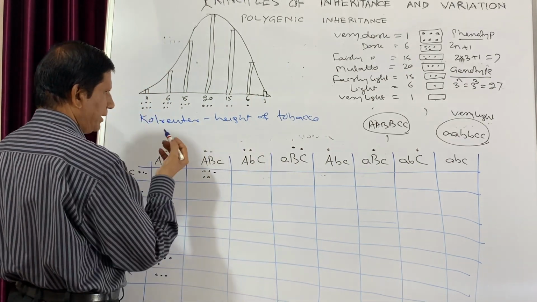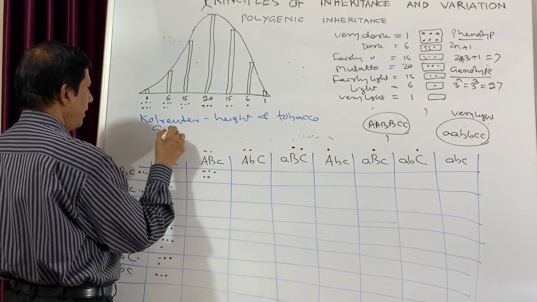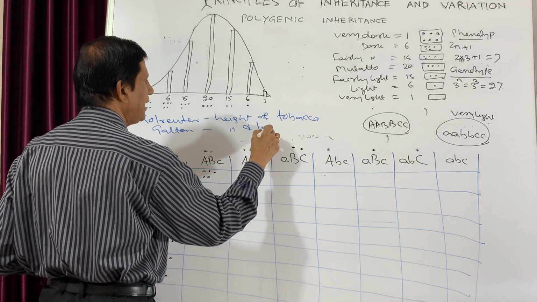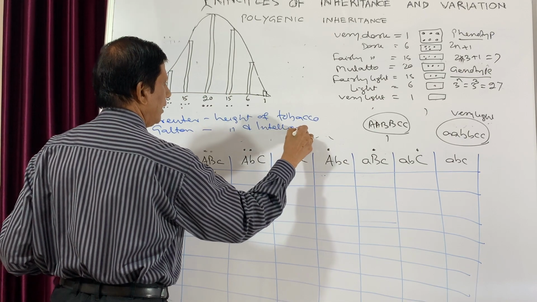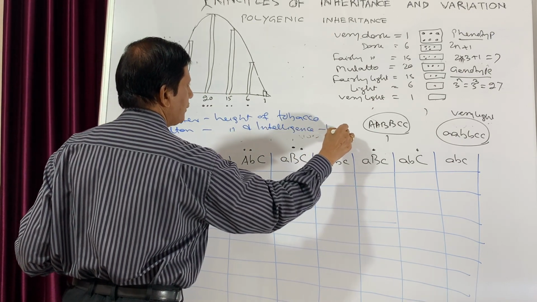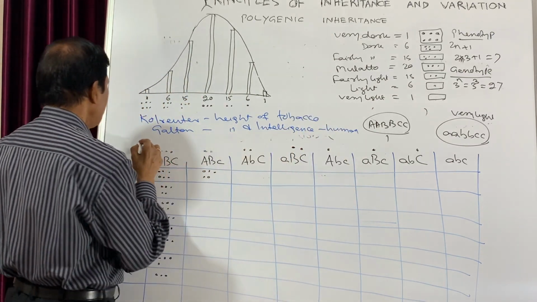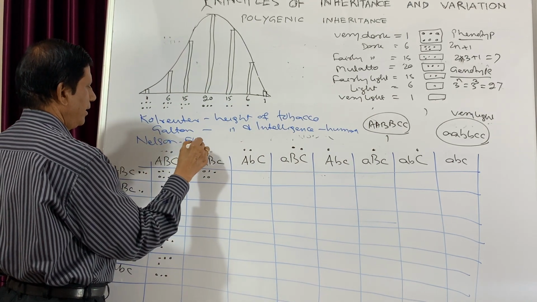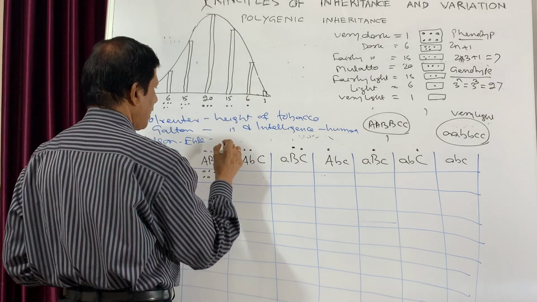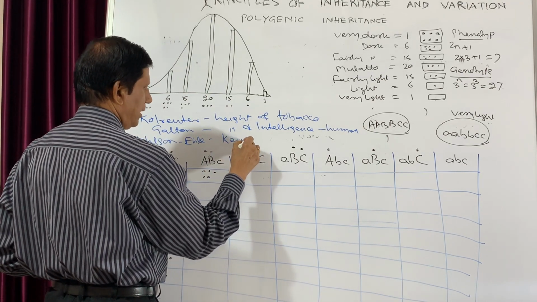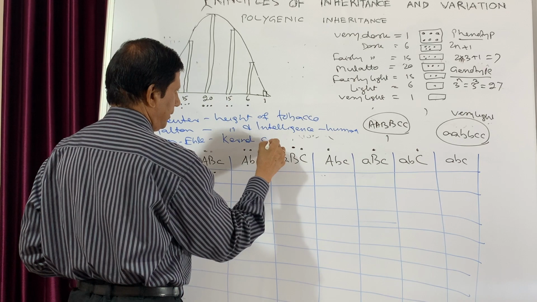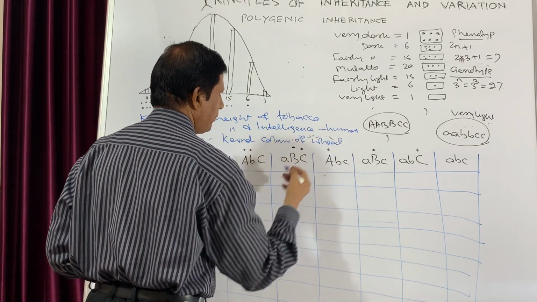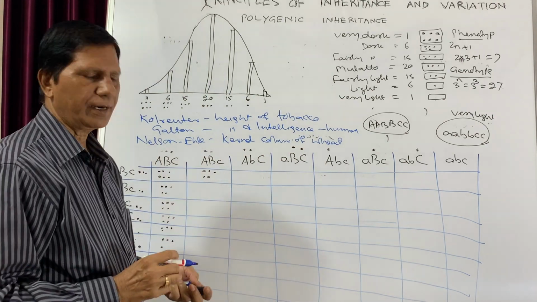Similarly, Galton studied the height as well as intelligence of human beings. Similarly, Nelson and Ehle studied the kernel color of wheat. All these are examples of polygenic inheritance.